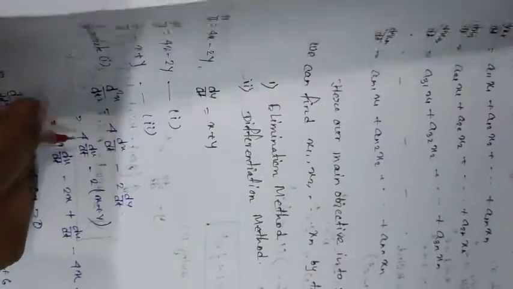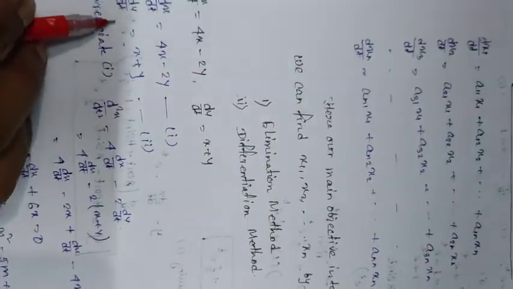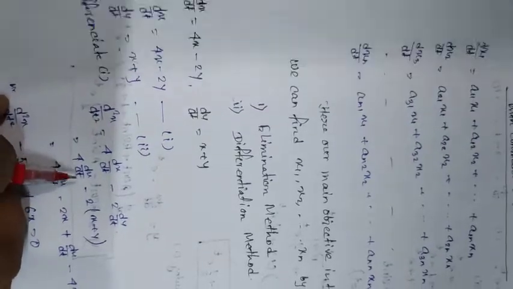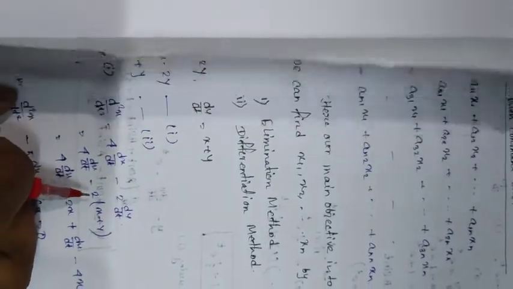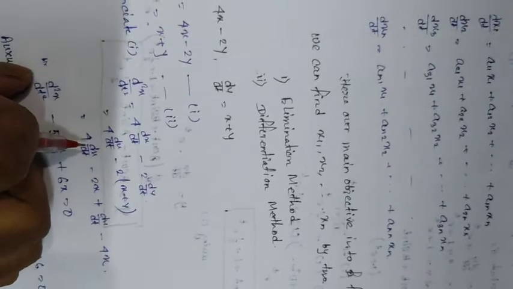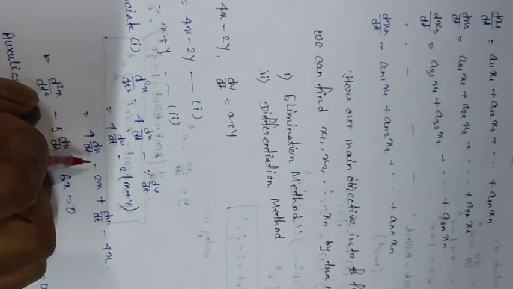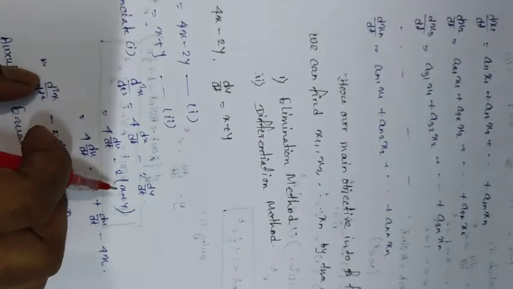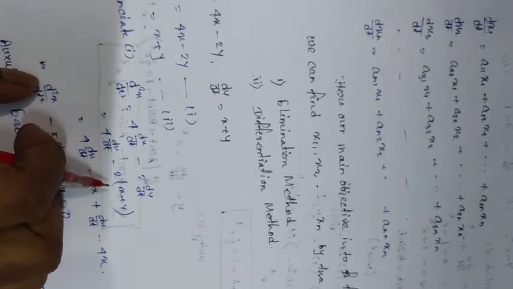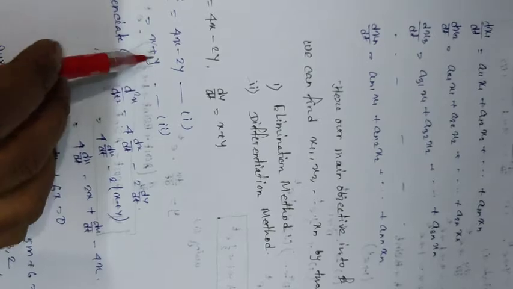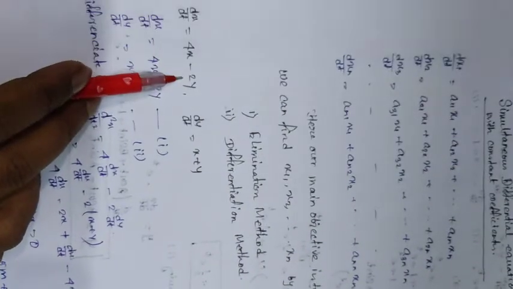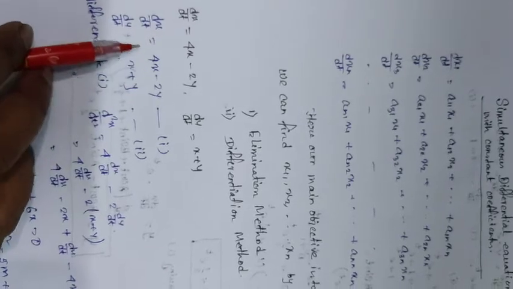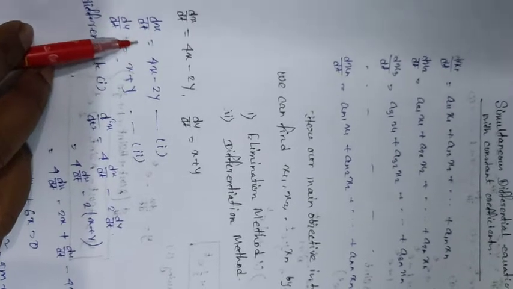And if we use the value of dy/dt from 2, we can write 4 dx/dt minus 2 into (x plus y). So from here we get 4 dx/dt minus 2x minus 2y, where from 1 we can use minus 2y is equal to dx/dt minus 4x.